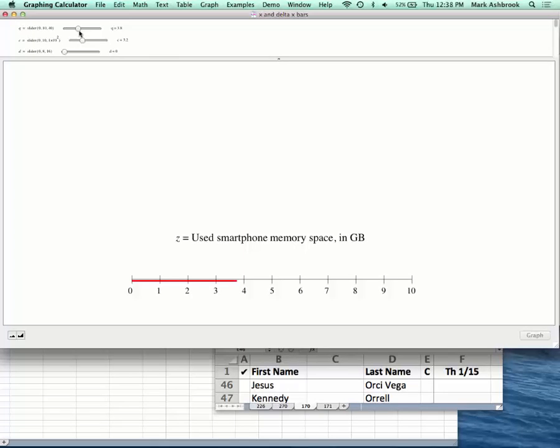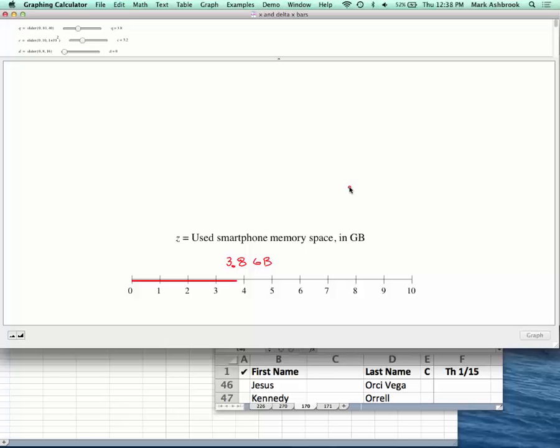So Z at this moment stands for the value, we'll just guess, 3.8 gigabytes. Currently, the phone is using 3.8 gigabytes of its memory space. That's what that illustration is showing.